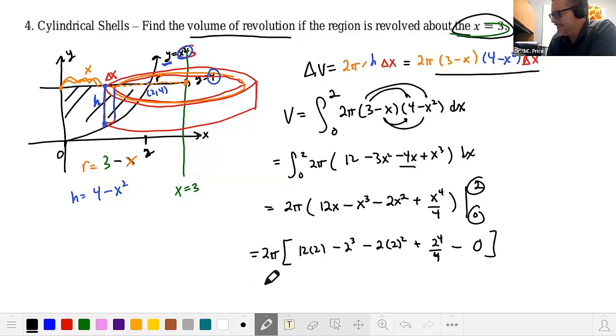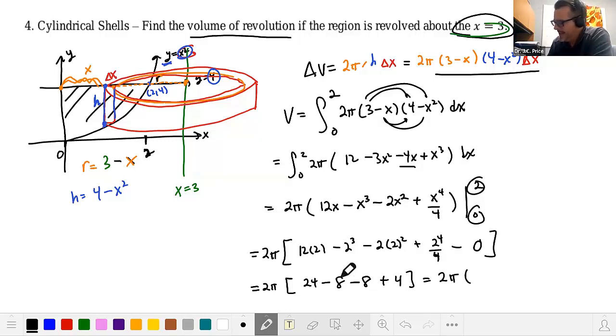And this simplifies pretty quick because the numbers are actually pretty nice. So 12 times 2 is 24, minus 8, and then plus, now 2 to the 4th divided by 4, it's going to cancel with one of those 2 squareds. So I just get plus 4. And so it's going to be equal to 2 pi times, and then 24 minus 8 is what?